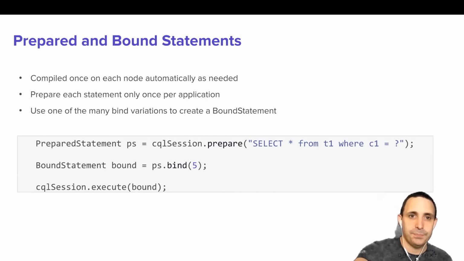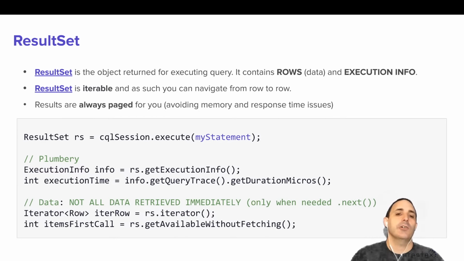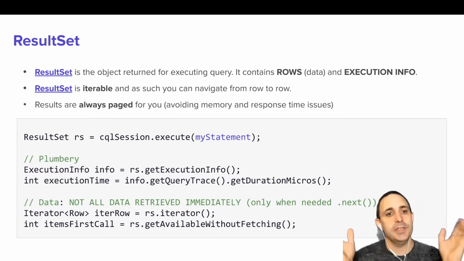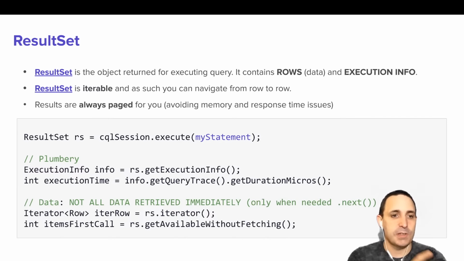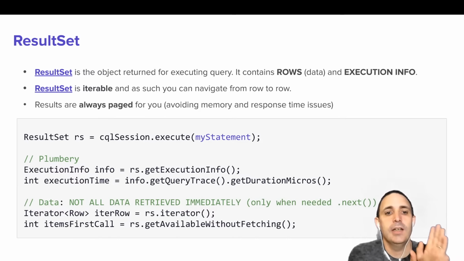All right. Okay. So we execute the query. Okay, create, read, update, delete, and now we get a result set. So the result is part of the result set, same as the relational JDBC world. So two parts in the result set. First is metadata, what I call the plumbery, okay?